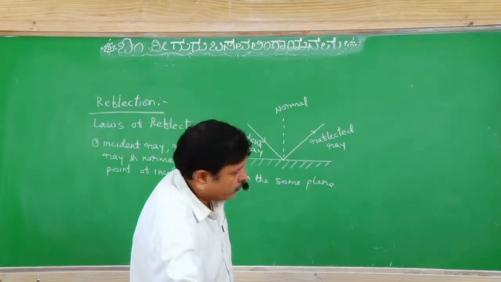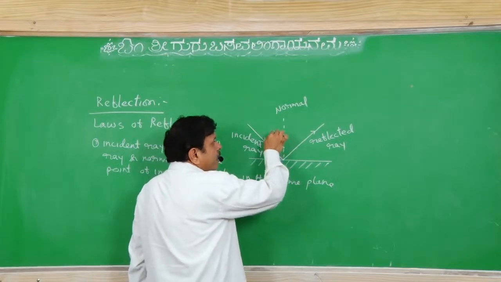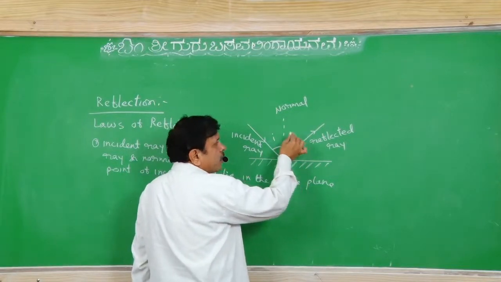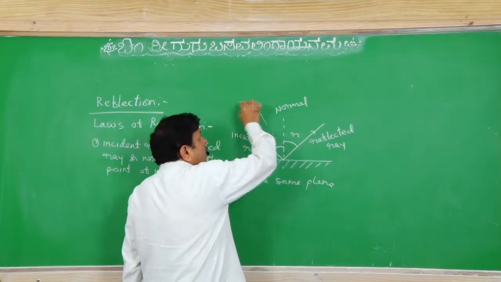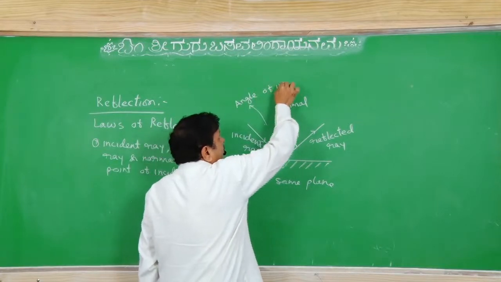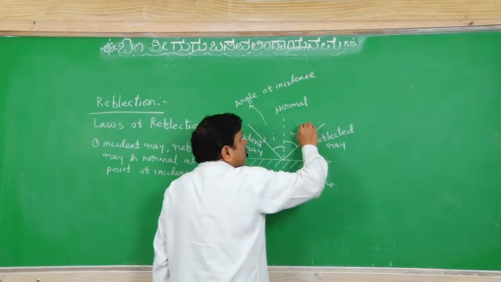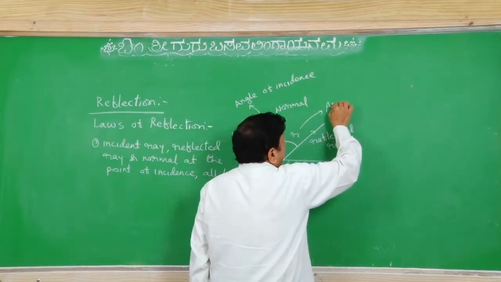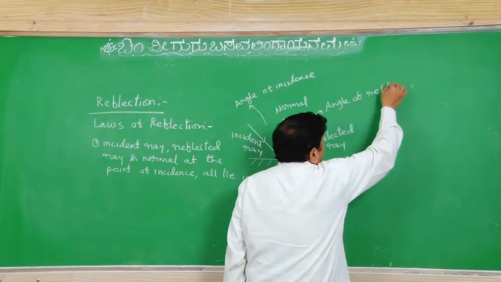Now, the second law. This angle is called the angle of incidence, and this angle is called the angle of reflection.